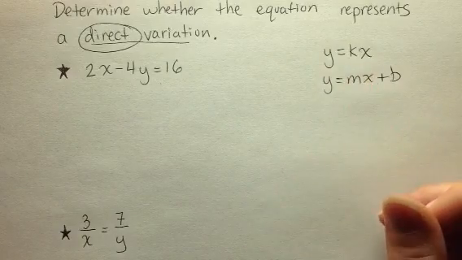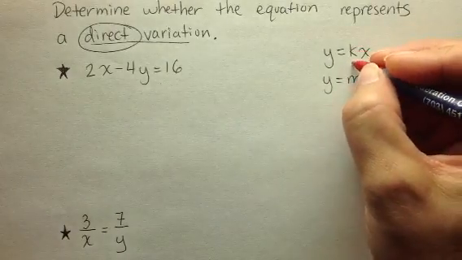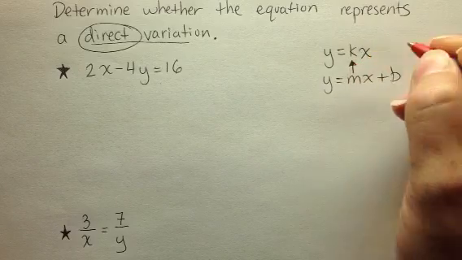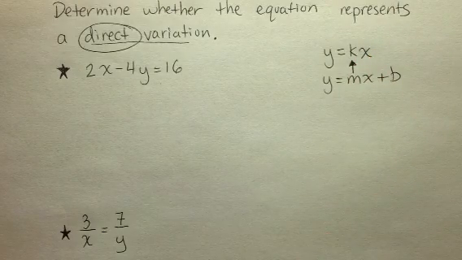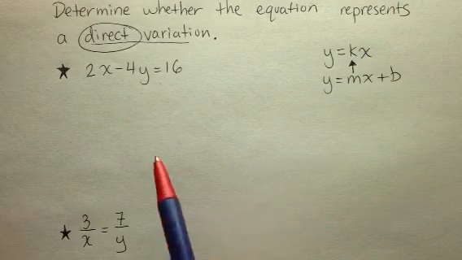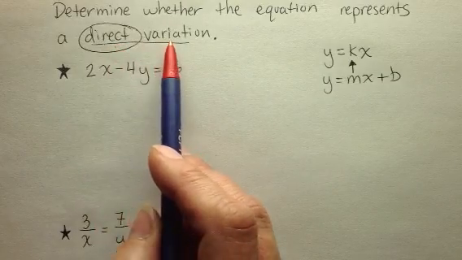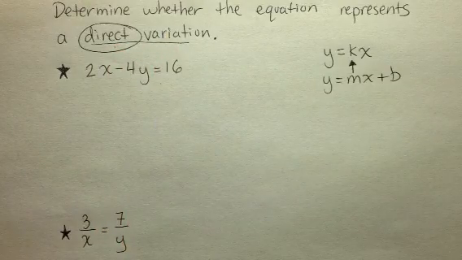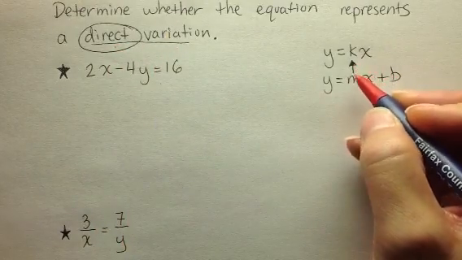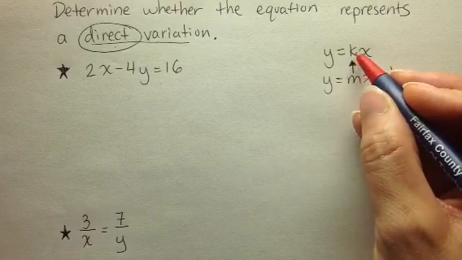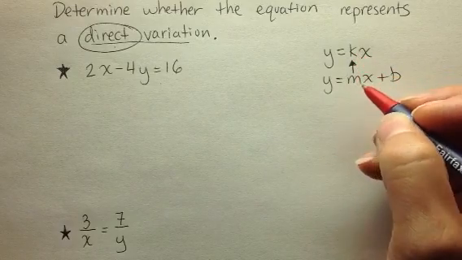And in fact it is. In a direct variation, we call the slope something different, but it's still the constant rate of change. Direct variation, they change in the same way. It's a constant rate of change. So k is my slope.